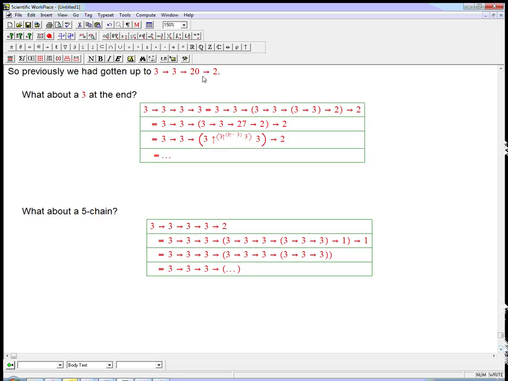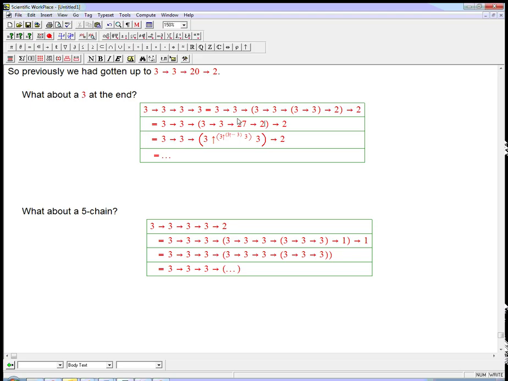But what if you had a 3 at the end of our chain? We haven't even gotten to that. So 3, 3, 3, 3. Okay, so you do 3, 3, 3, 3, 3, 3, and then 2s. Okay, well, what is this? 3, 3, 3, 3, 2. That's 3, 3, 27, 2. Remember, the biggest number we got to at the end of the last video was 3, 3, 22. This is going to be quite a bit bigger because I'm going to repeat that.